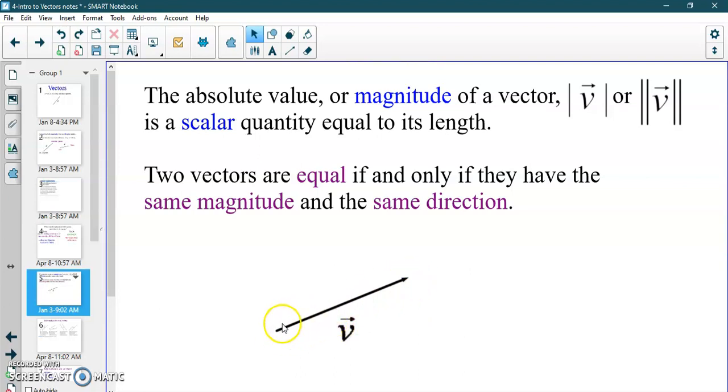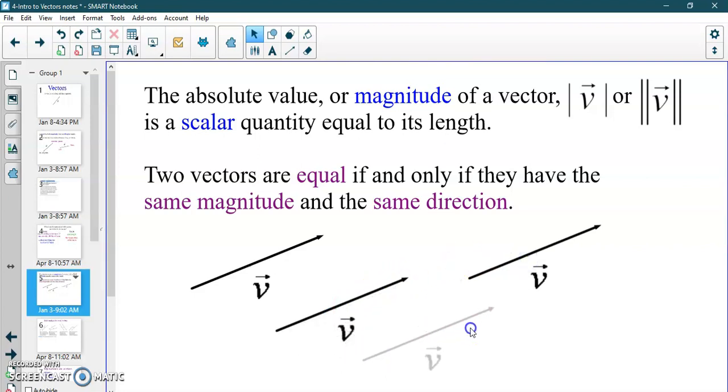You see we've got the direction that we're going, and if we clone this and put this vector anywhere else on our page, all of these vectors are going in the same direction, and even though their initial point, the tail of our vector, is not in the same spot, it still has the same direction, and it has the same length or magnitude. So all of these vectors would be considered equal.